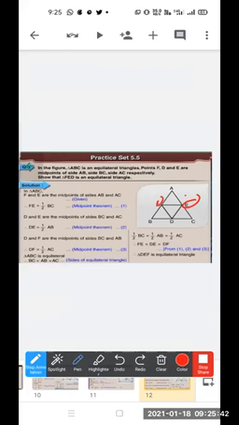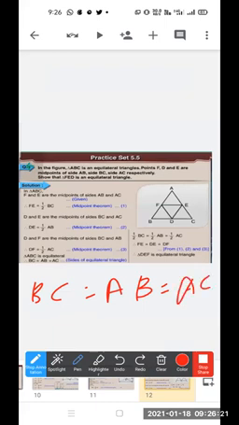Comparing all three conditions: FE is half of BC, DE is half of AB, and DF is half of AC.